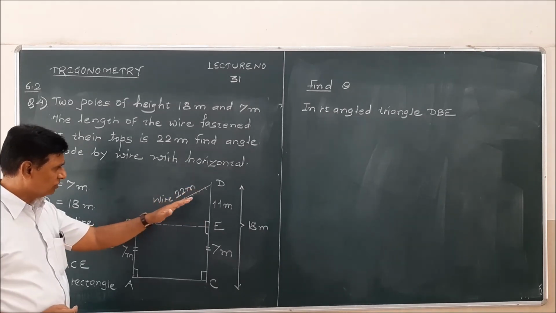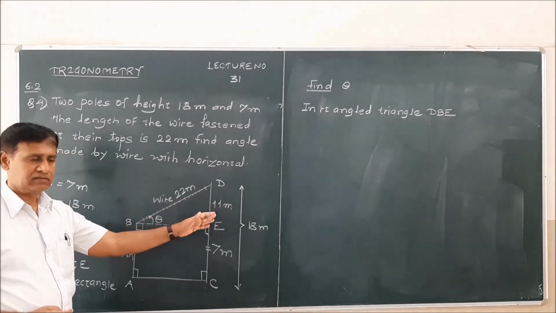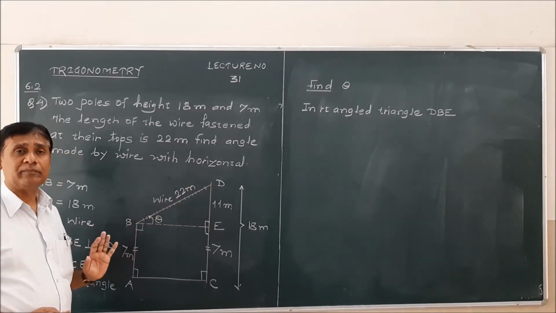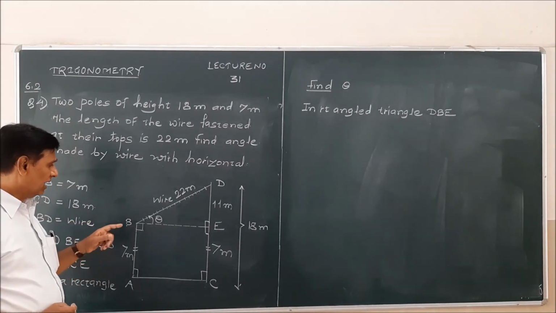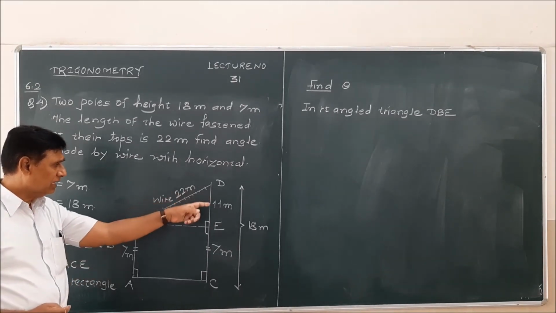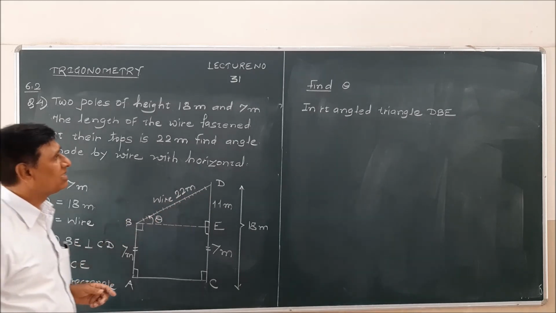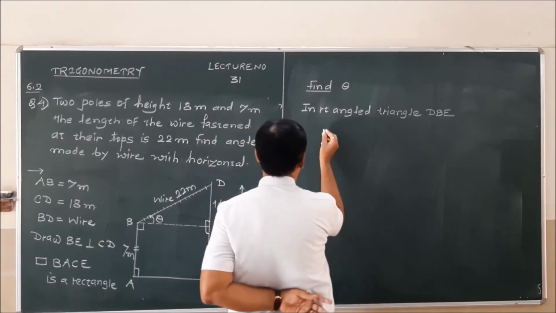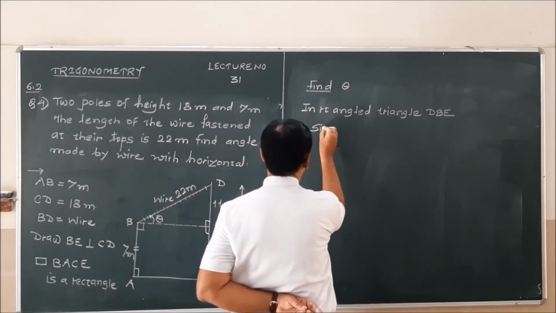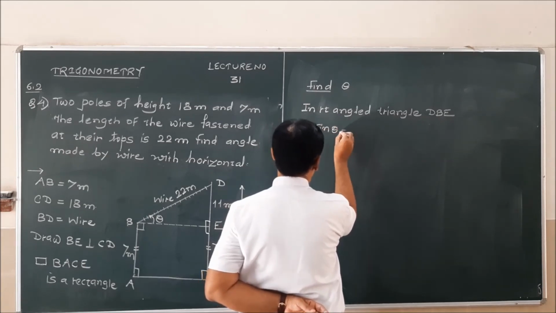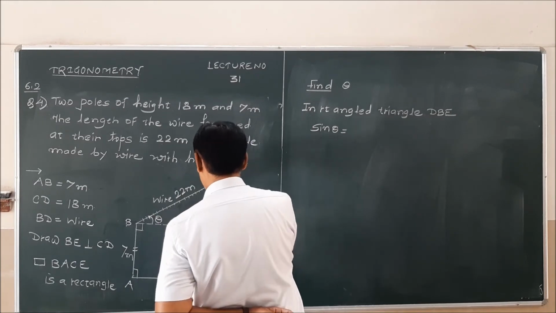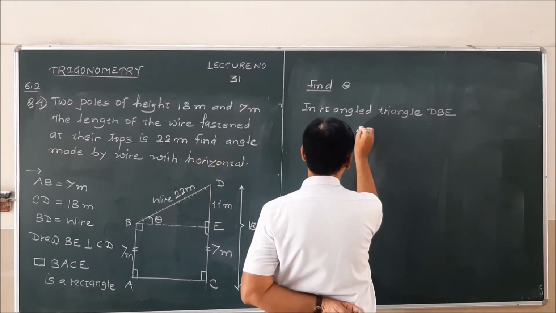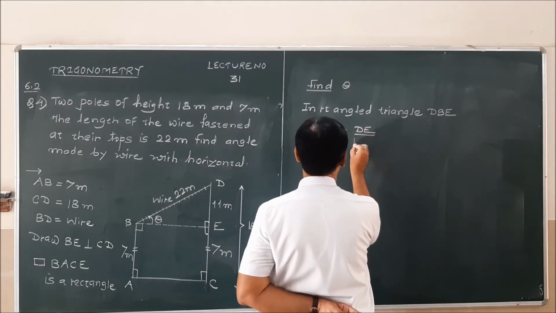So hypotenuse and opposite side. Opposite side is DE. So you will find here in triangle BDE, sin theta is equal to DE upon BD.